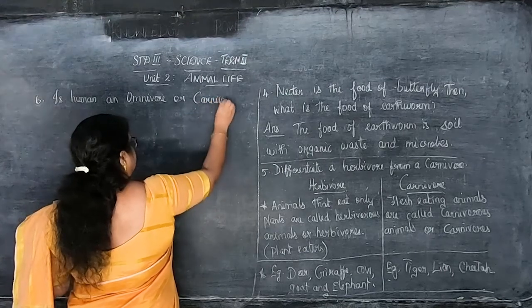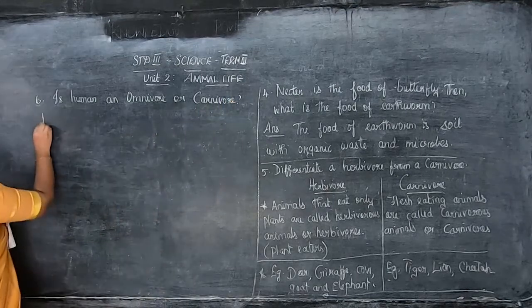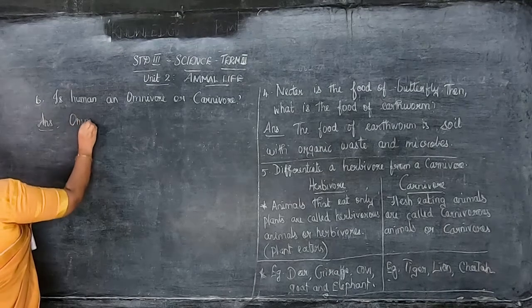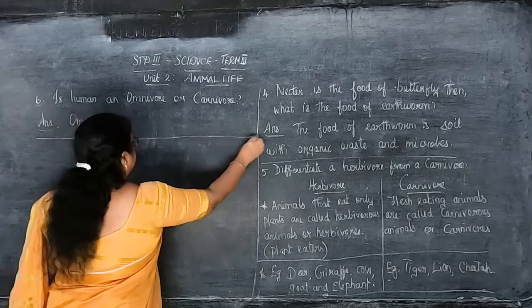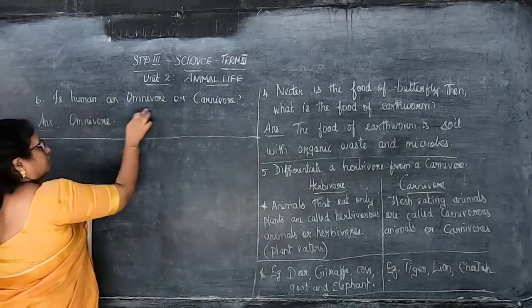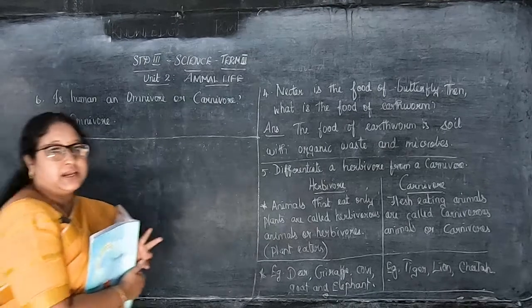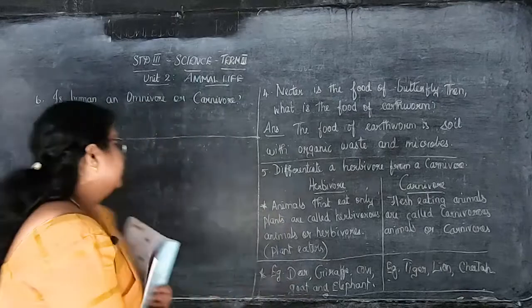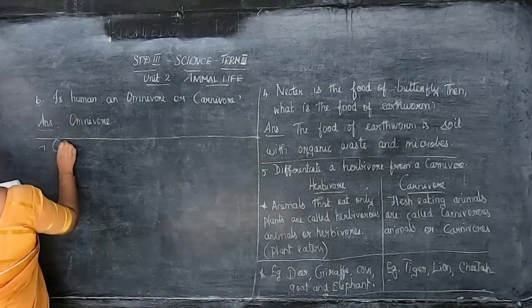This is the question. Answer is omnivore. Okay, children. So, is human an omnivore or carnivore? Omnivore. Is human an omnivore or carnivore means what you will write? Omnivore.